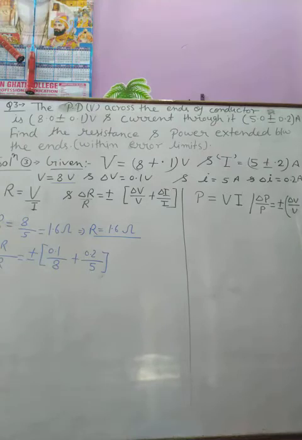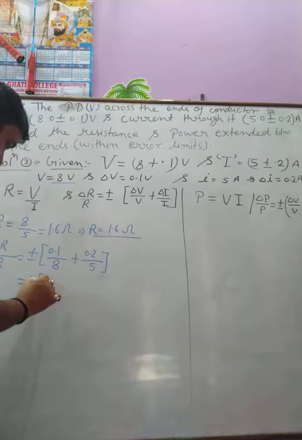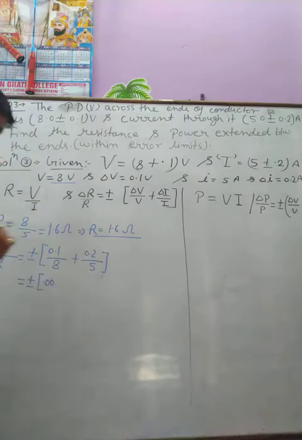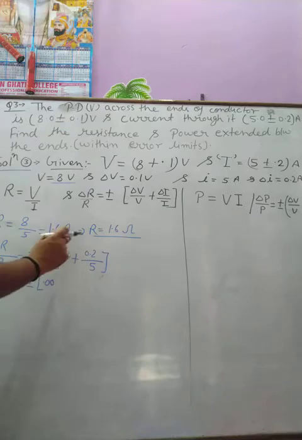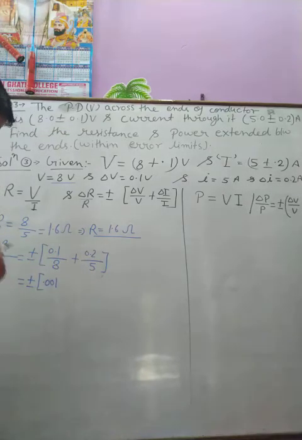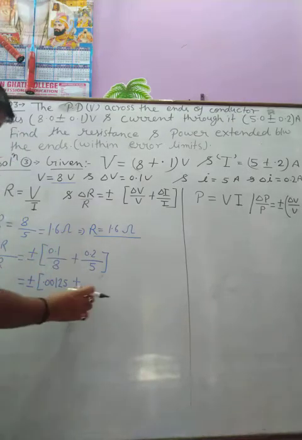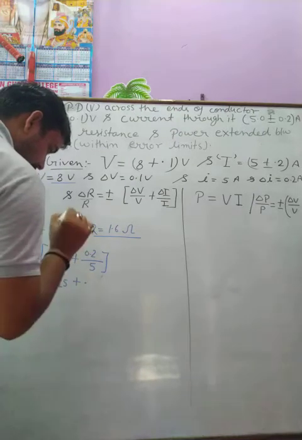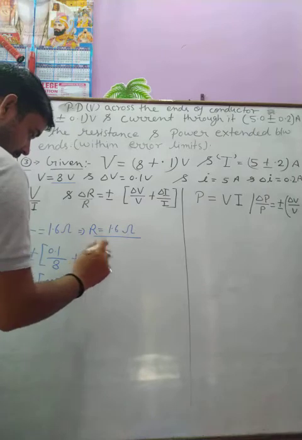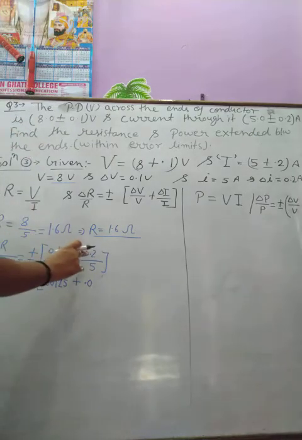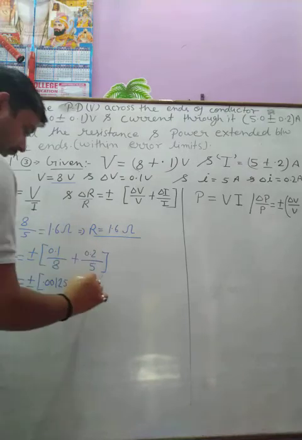Okay, now we solve this. Plus minus, when we solve this we get 1 upon 10, and 0.2 upon 5, and plus minus and plus, when we solve this we get 0.0, 0.204.